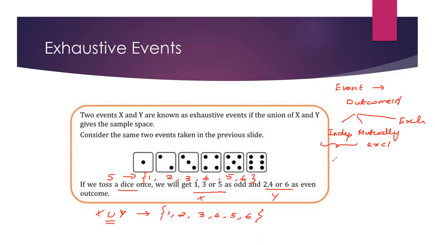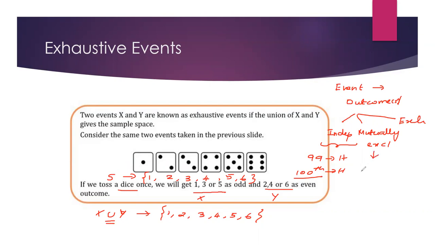Independent means, what do you remember? That 99 trials head, what is the probability of getting head in the 100th one? So I told you that this is independent of the remaining 99 times. So it is an independent event.